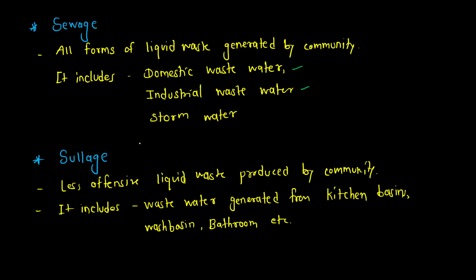Sewage consists of all the liquid forms, so it consists of sullage also, but sullage is the name given only to the wastewater generated from kitchen basins or wash basins. These liquids are generally less offensive as compared to the sewage.